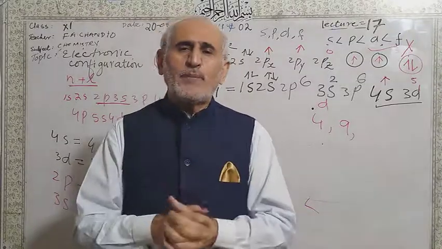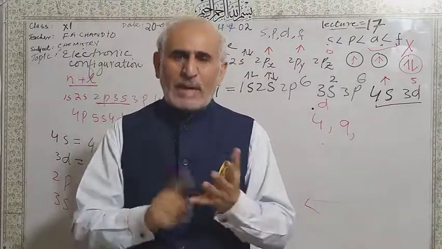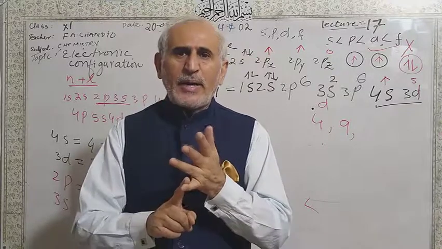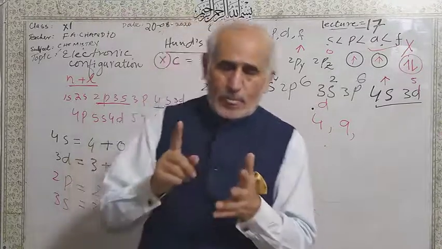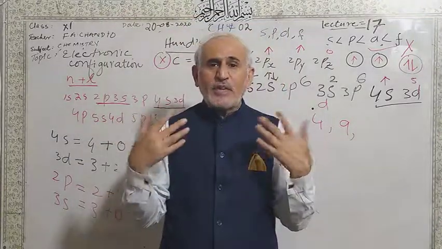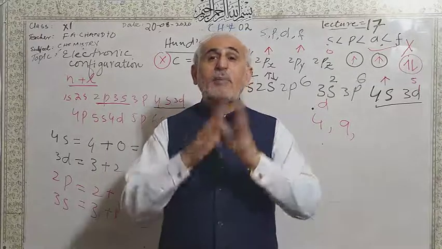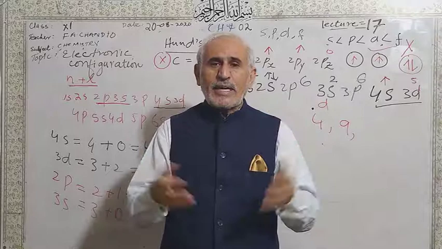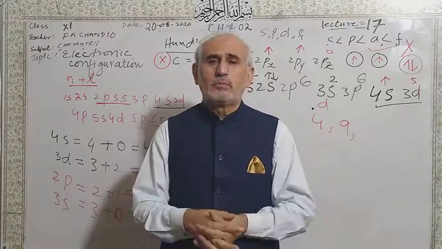There are 2 types of properties, paramagnetic and diamagnetic. The substances which are attracted towards a magnetic field are called paramagnetic, and this property is paramagnetism.